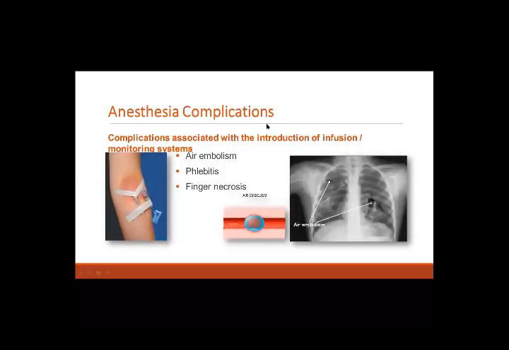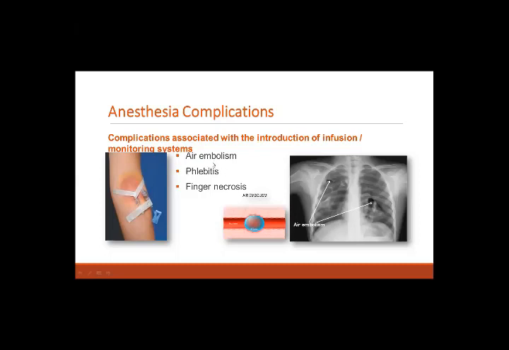Complications usually associated with anesthesia administration can start with the pinprick, with the first introduction of infusion monitoring, where there may be something simple like phlebitis, which would not show up immediately but would happen in the longer run. Or there may be finger necrosis if a vasoconstrictor agent is added or inappropriately administered.